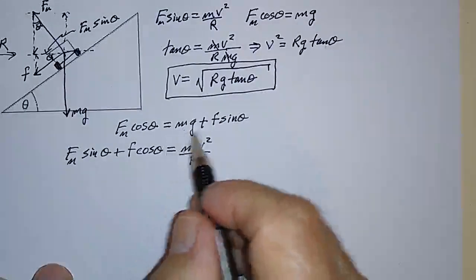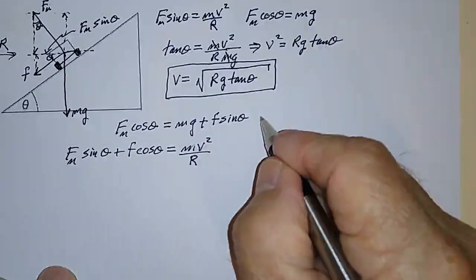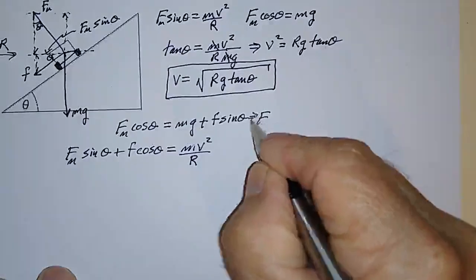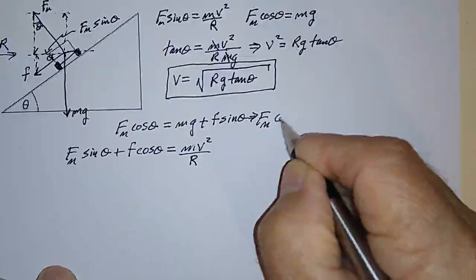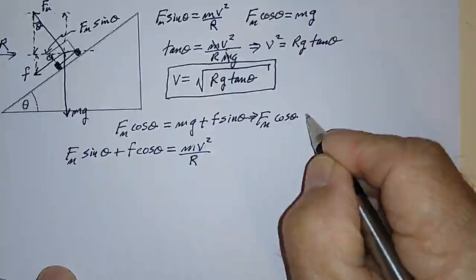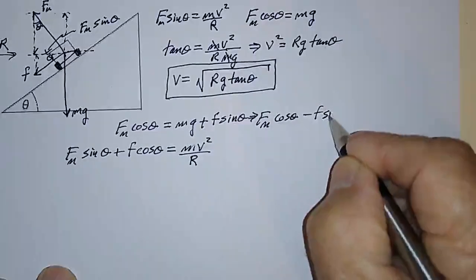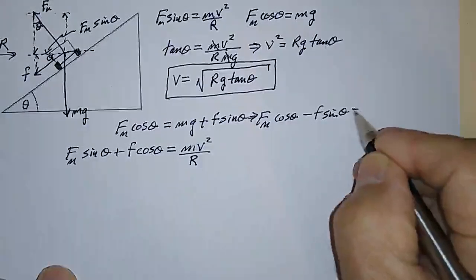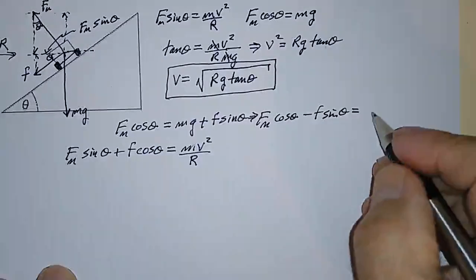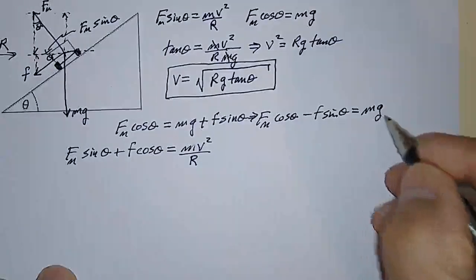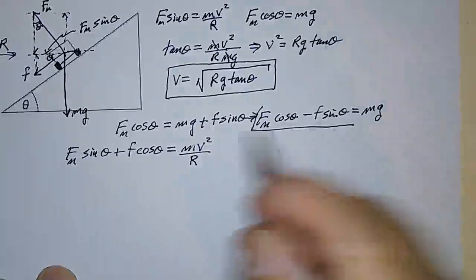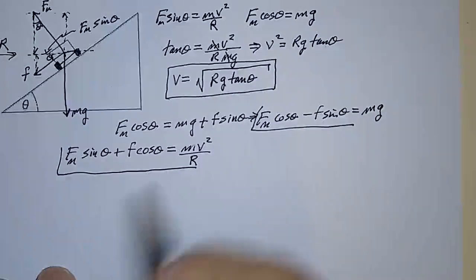And let me rearrange this slightly and write this one as Fn cosine theta minus f sine theta is equal to mg, like that. That's this one and this one.